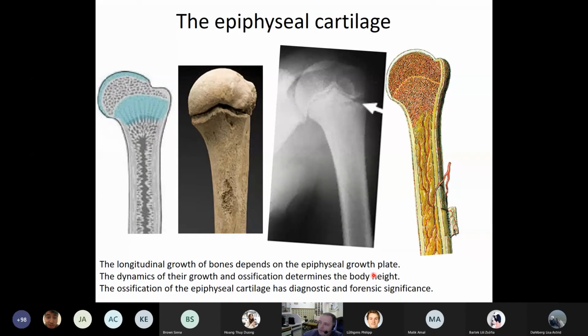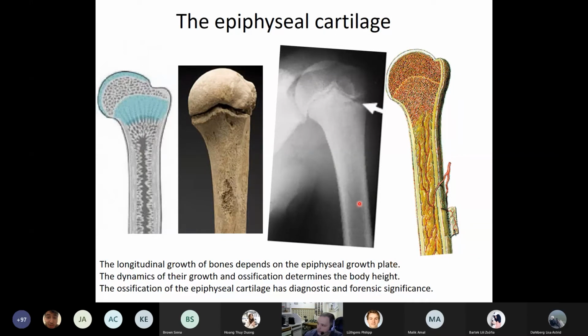So if a dead body is found somewhere, or just bones are found, based on the thickness, the width of the epiphyseal plate, the forensic medicine department or the specialist there can approximately determine the age of the person whose bone was found. So it has some forensic significance as well.